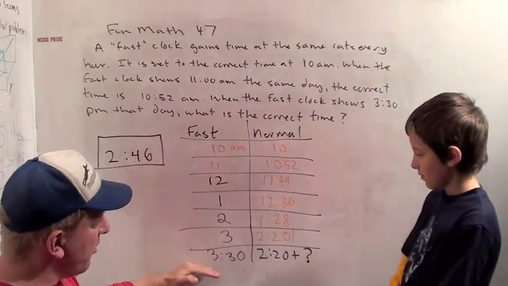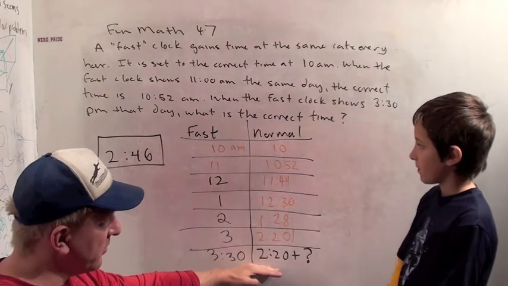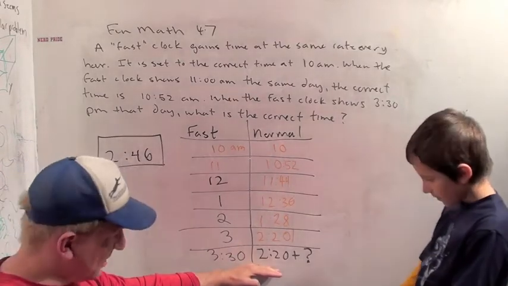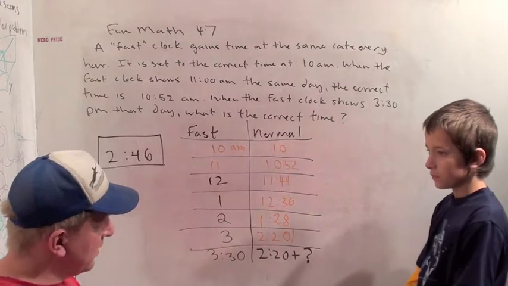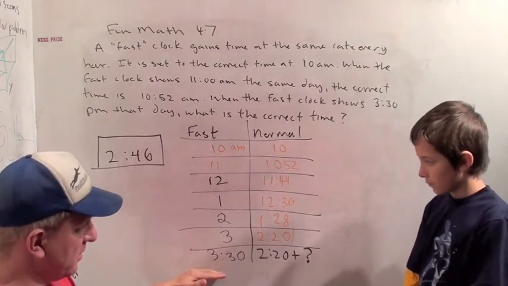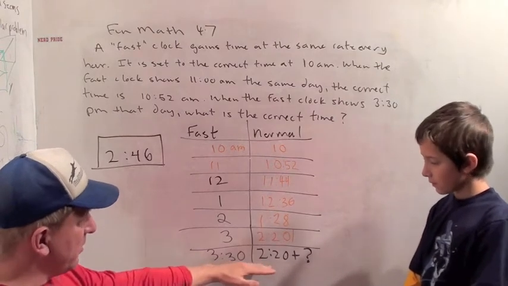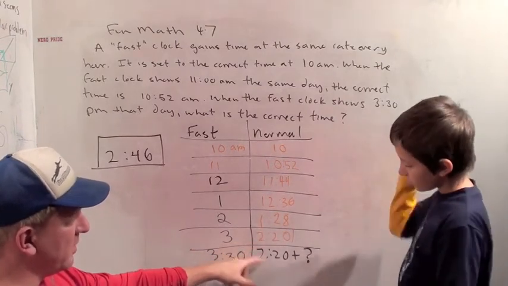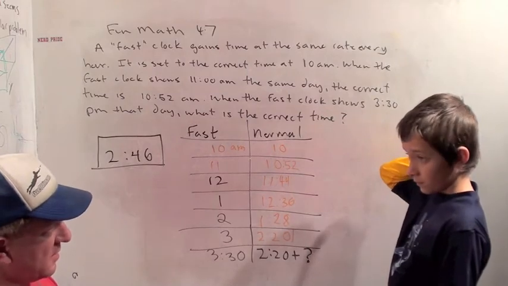When it goes forward 30 minutes, the actual time goes forward 26 minutes. That's the important thing. Another way you could have done this problem is gone from 3 to 4, figured out what time the clock showed at 4, and then whatever number was in the middle. But this is a good way too.